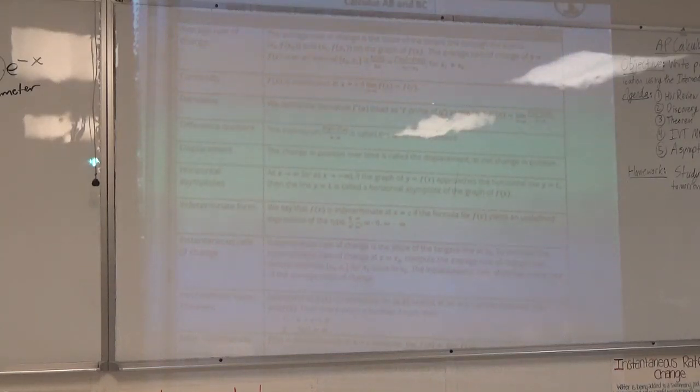So here's the graph of f. We've got the graph of g. What's the limit as x approaches pi over 2 of f of g of x? Well, as x approaches pi over 2, tell me about g. What's happening there?